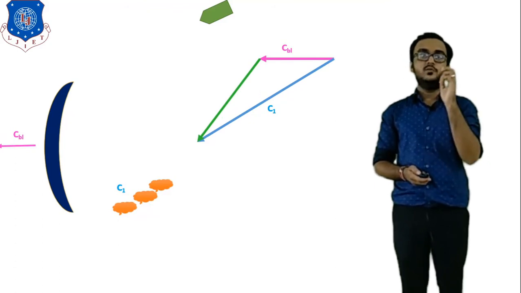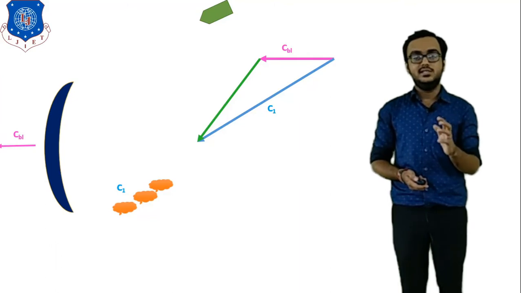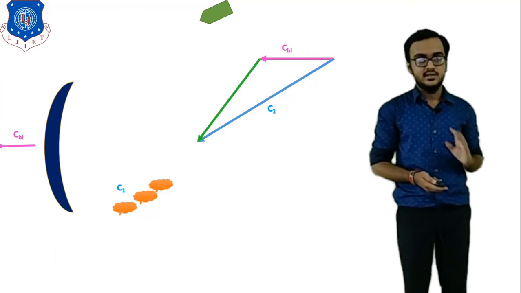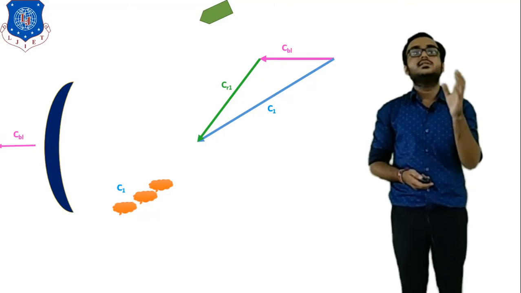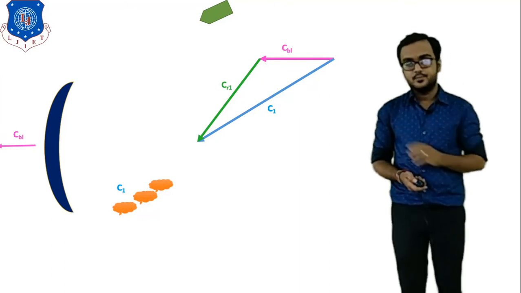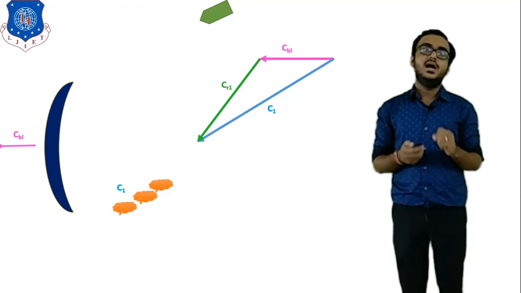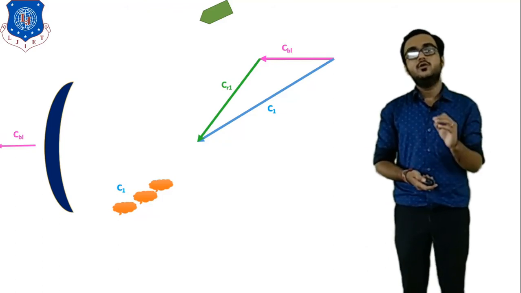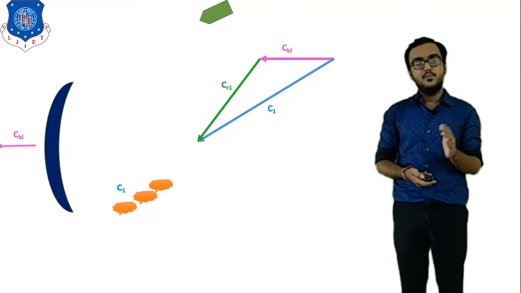It is the vector which connects both vectors, CBL and C1 in this case, and this vector is named CR1. In actual sense, CR1 represents the relative velocity of the steam whenever the steam comes in contact with the blade surface.